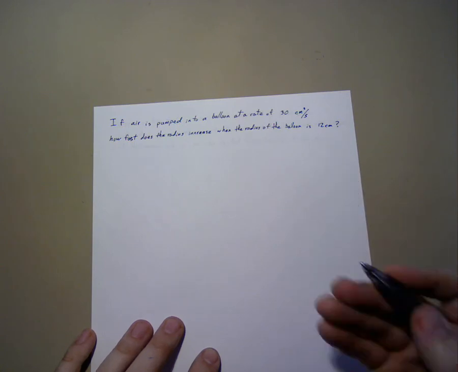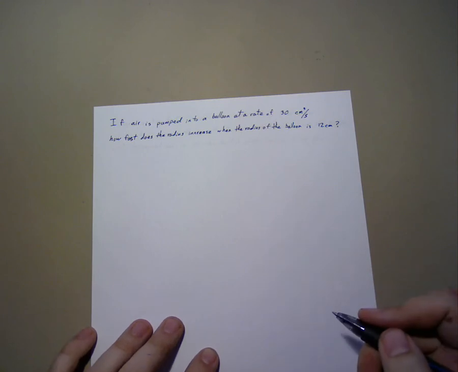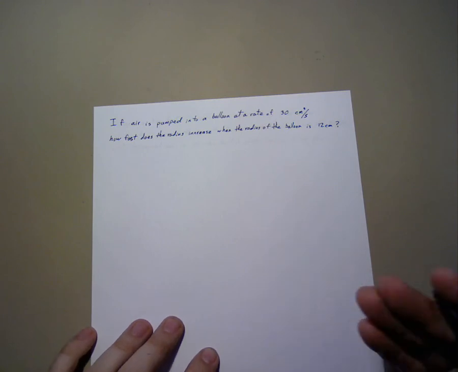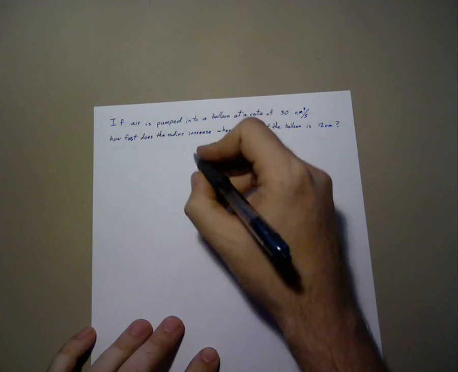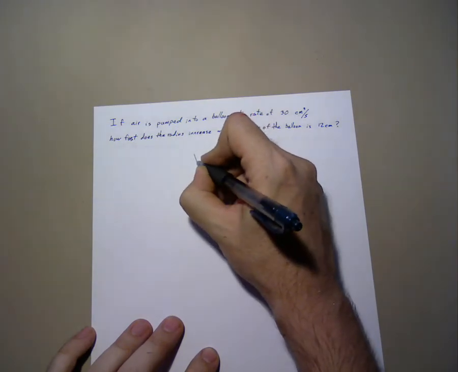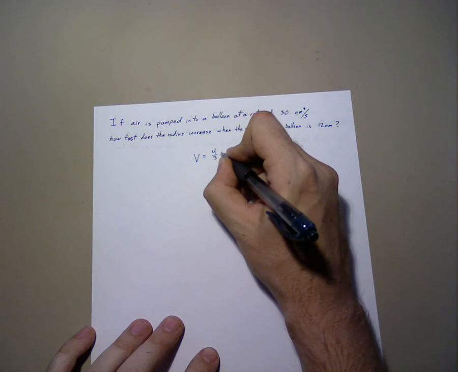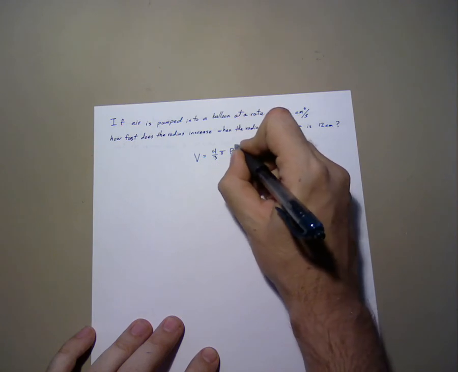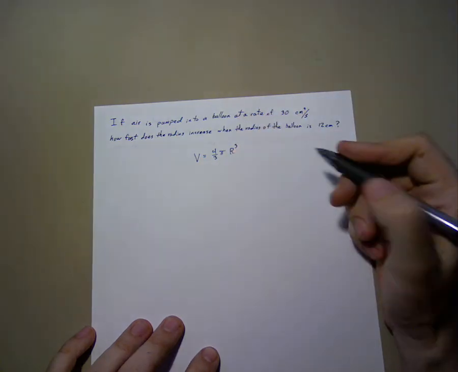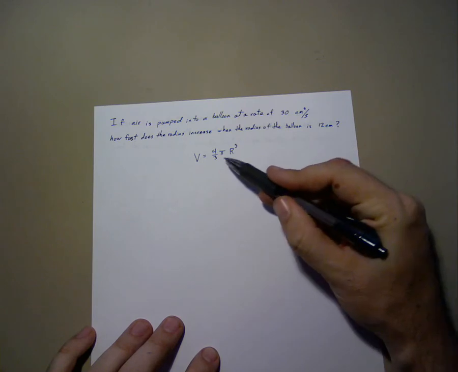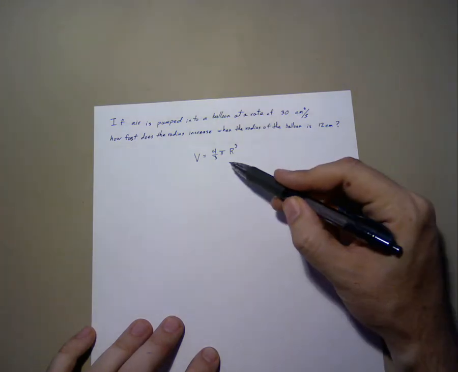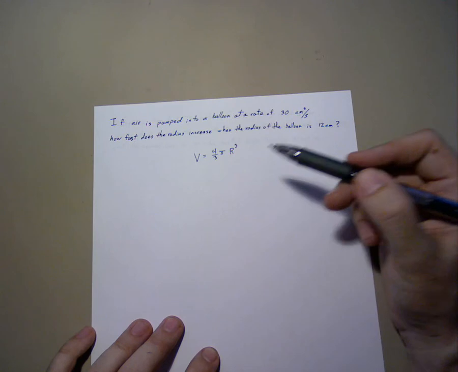The way to start a related rate problem is to find ways to relate the basic quantities. In this case, we're going to start with V equals 4/3 pi r cubed. This is the basic formula for the volume of a sphere, which is the shape of a balloon.